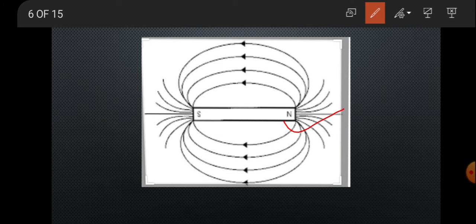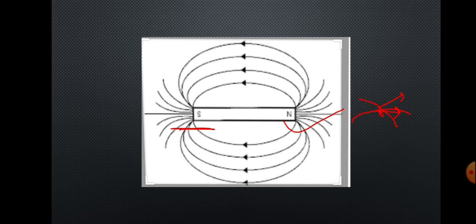Magnetic field lines form closed loops, and two magnetic field lines never intersect, because if they intersected at a point, it would represent two directions of the magnetic field at that point, which can never be possible.